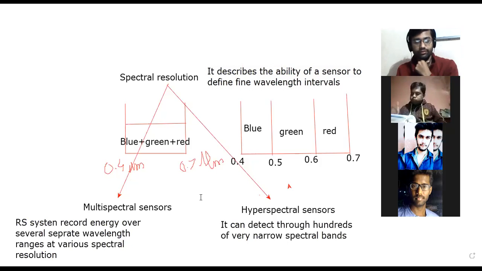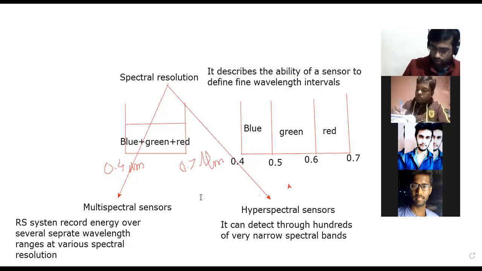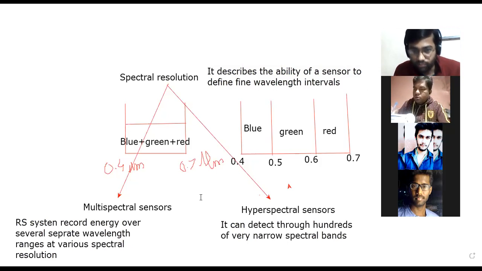Now see here. Understood? Spectral resolution. We can apply narrow bands so that we can observe every detail in the photograph.